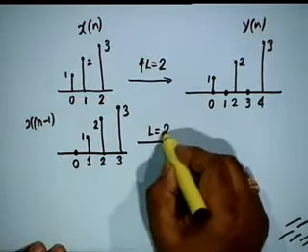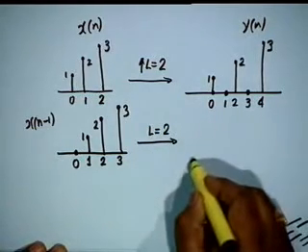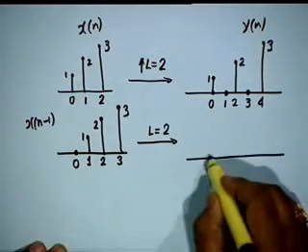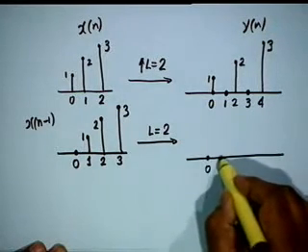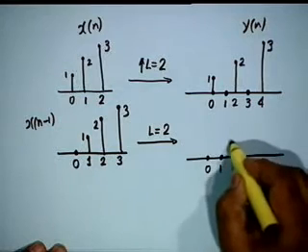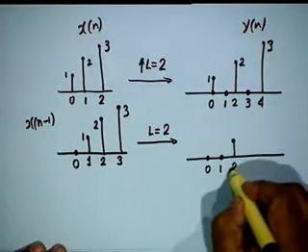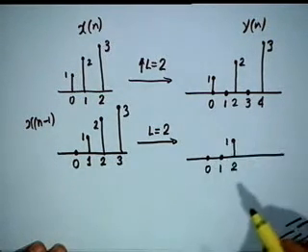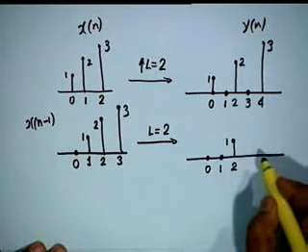And when this is upsampled by a factor of 2, what we have is 0, then another 0, then at 2 we have a signal of amplitude 1, okay.